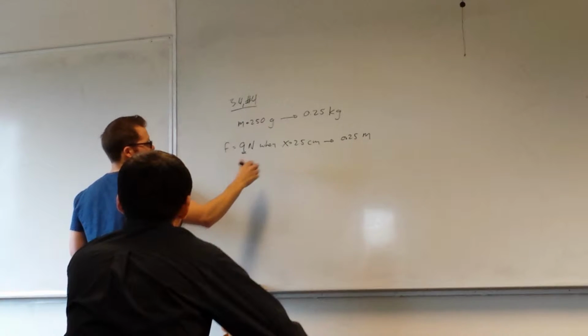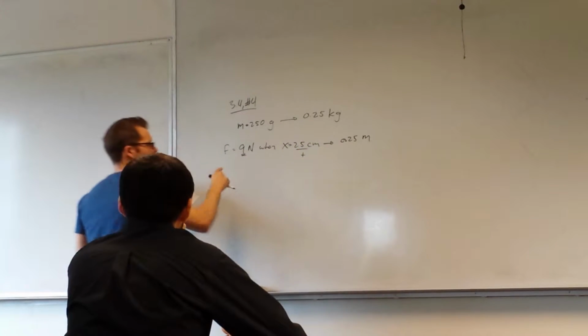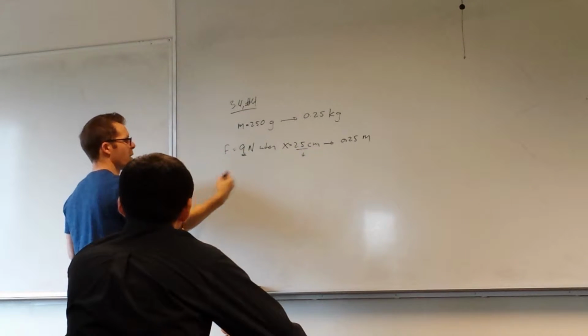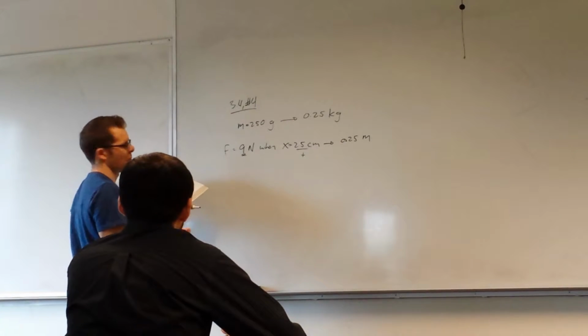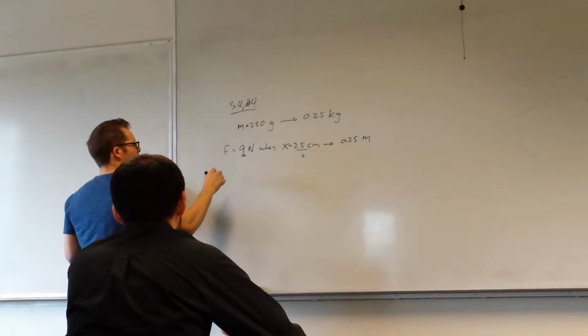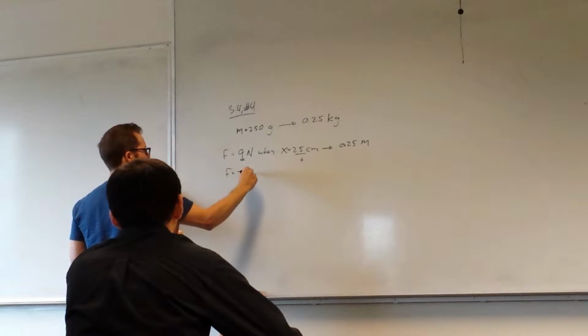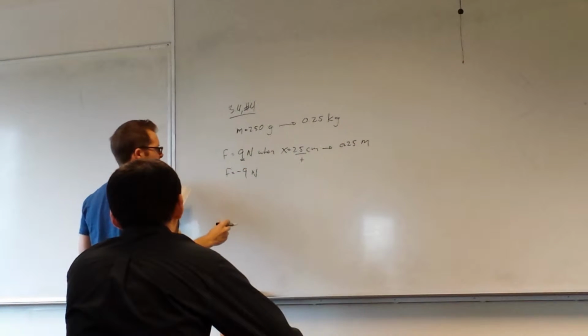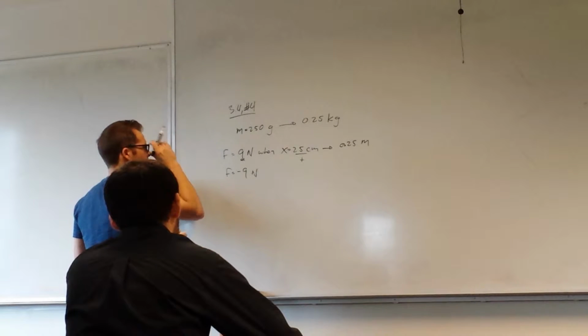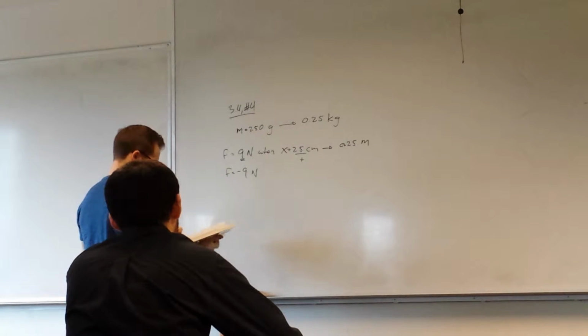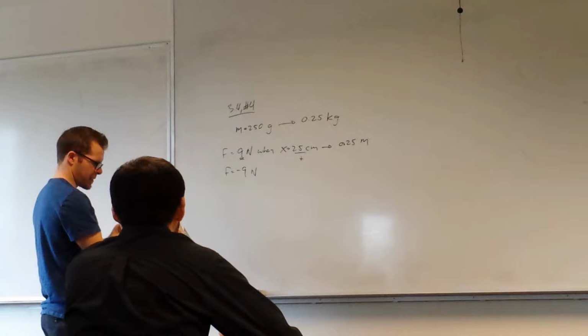Right. Because if this is positive, that means the force is acting the other way, which means it would be going to the left, right? So the force will be negative 9 newtons when x is 25 centimeters. The spring constant, let's see, where do we get that value? Because that will give us the value for k.